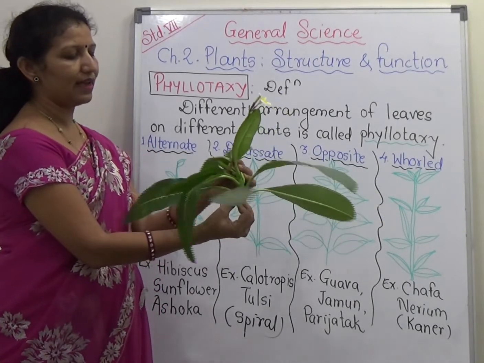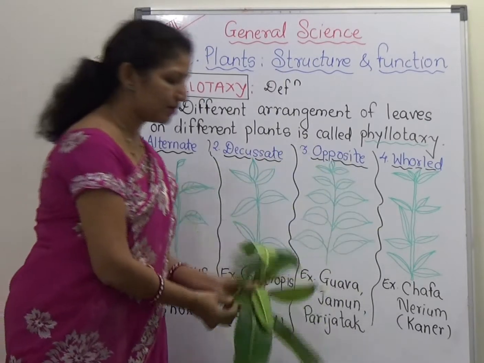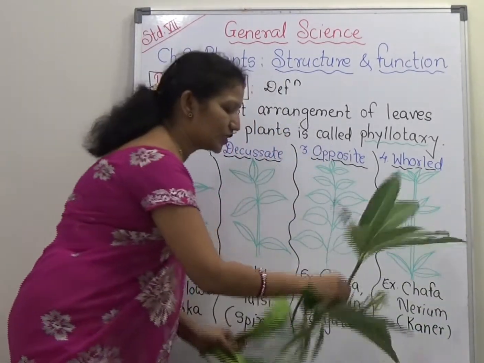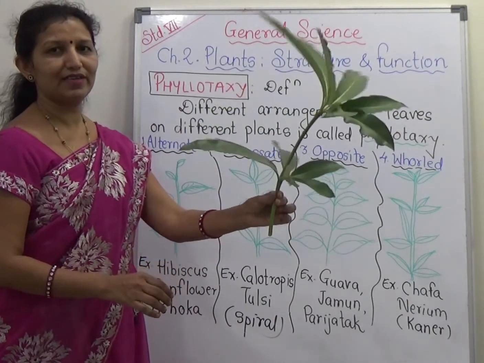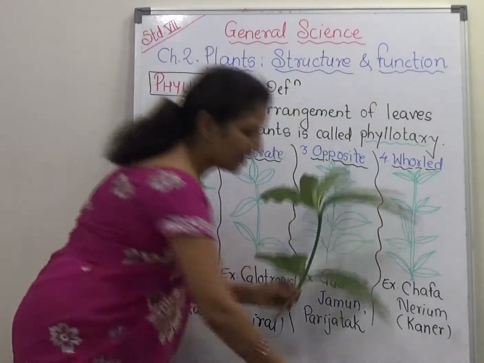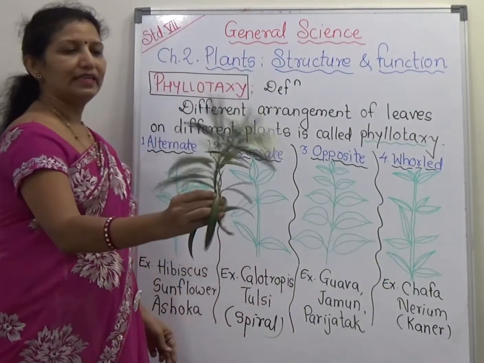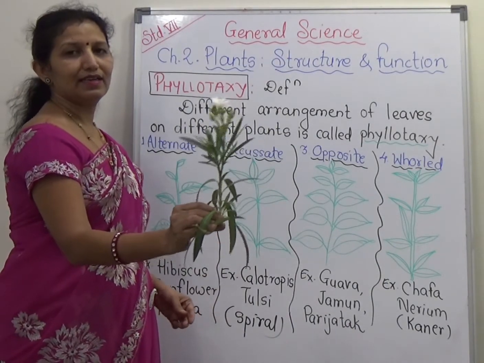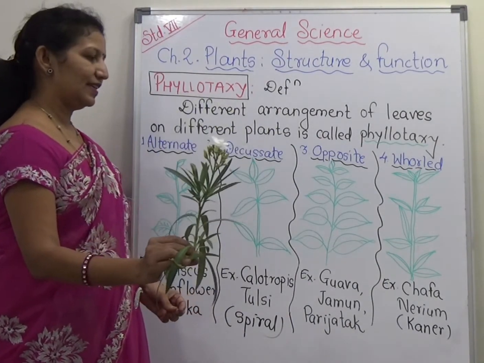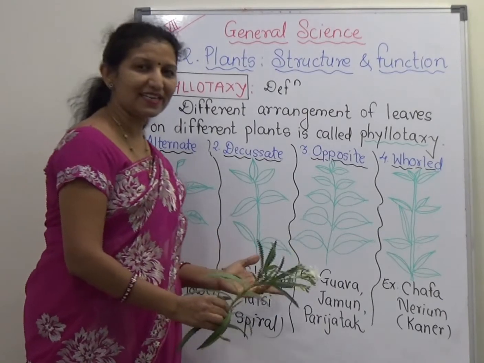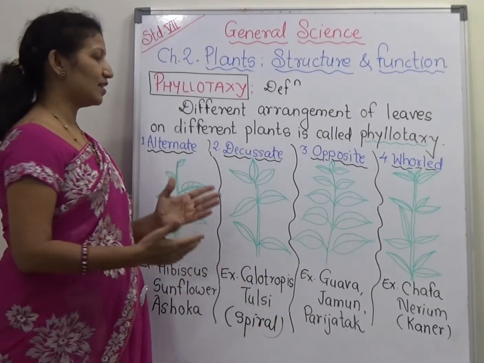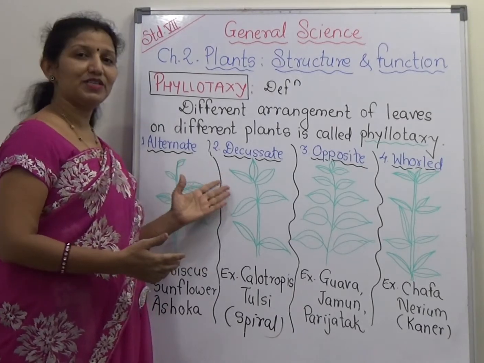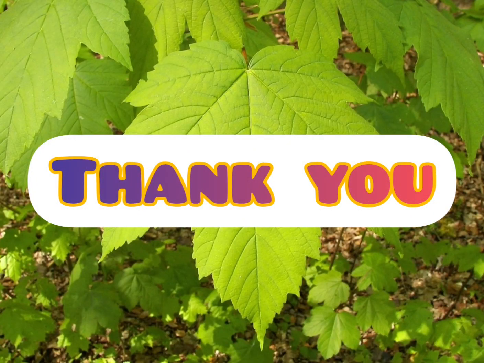The leaves are arranged in a bunch at the same node, and here also in this Safa also you can observe whorled phyllotaxy very clearly, and in case of Nerium or Kaner there is whorled phyllotaxy. Isn't it a magic? So I am very much surprised by all these arrangements of leaves, all these miracles in nature.